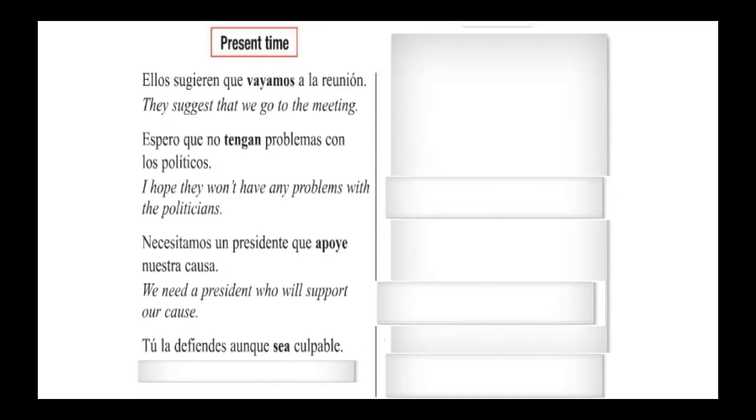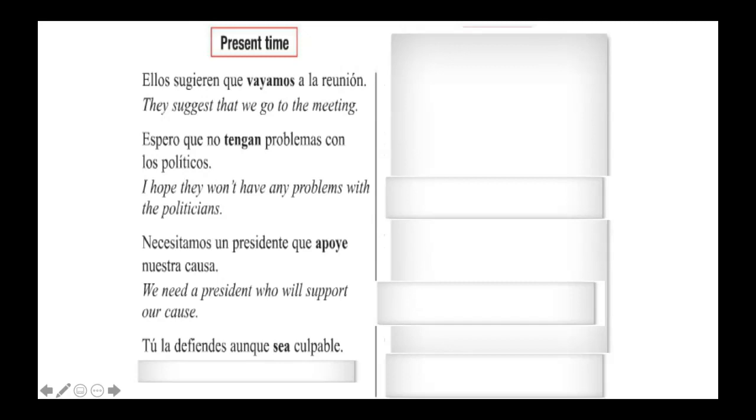Okay, this is another use of subjunctive. This is something I have to explain. We need a president who will support our cause. Now, if you describe an unspecific person, or a person that we don't know if he or she exists, then to describe this person with a verb, you have to use subjunctive.